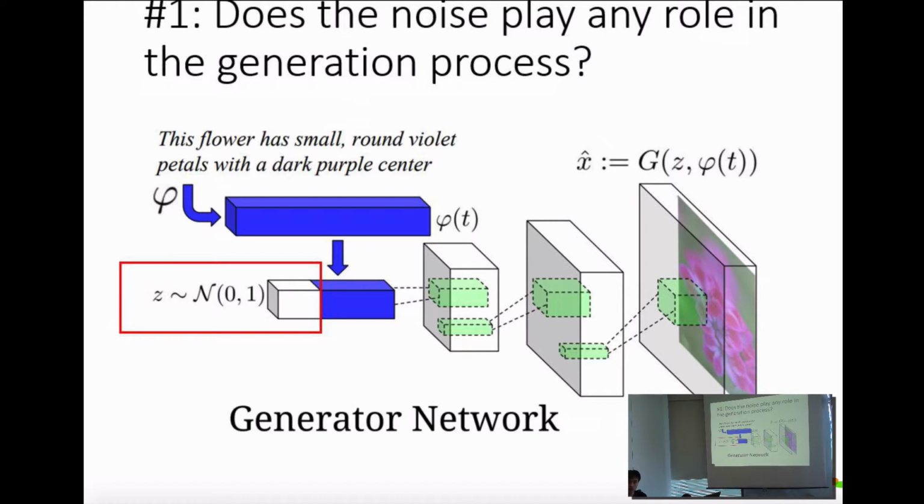That's the whole idea behind this, and they show in the experiment that indeed it captures some useful information. So the text here is really about the main content of the image, whereas this noise is more about factors of variation that don't affect the content, but can still affect things like the background.